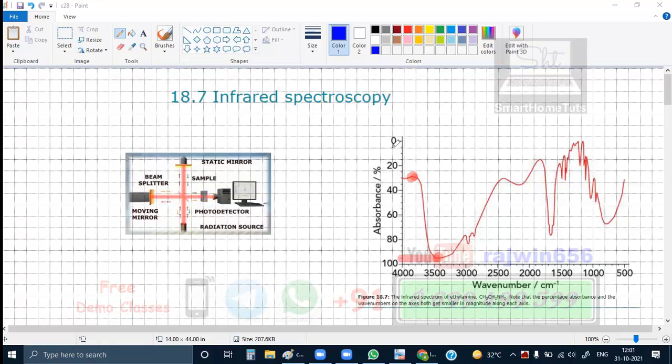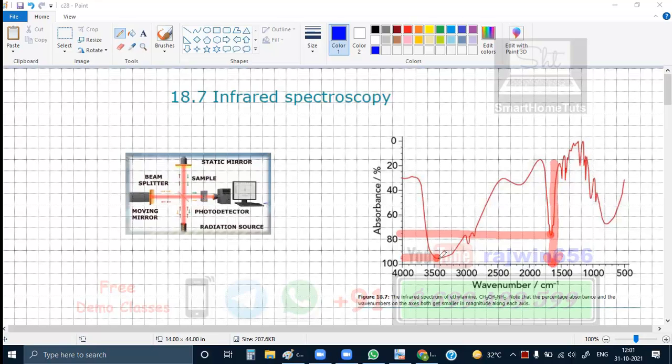You can see the graph is inverted here: 0 is on the top and 100 is at the bottom. So at this point the absorbance is going to be maximum. Even at this point, the percentage of absorbance is maximum, depending upon what functional group is there and at what wavelength it is going to absorb.